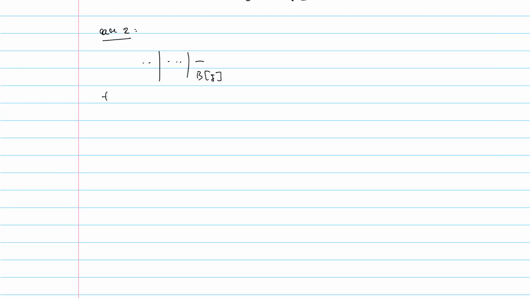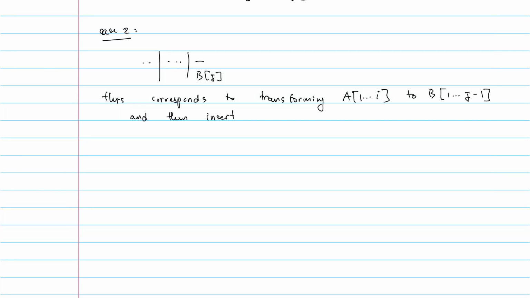So this corresponds to transforming A1 up to Ai to B1 up to Bj minus 1, and then insert Bj at the end.